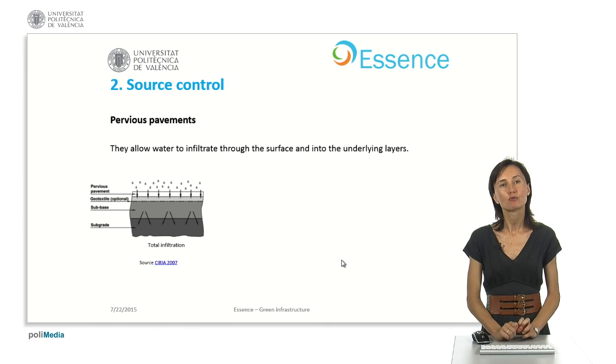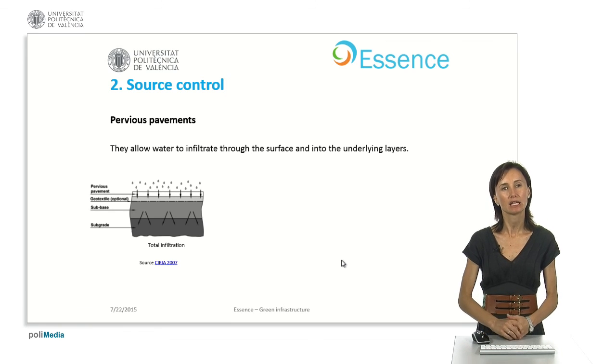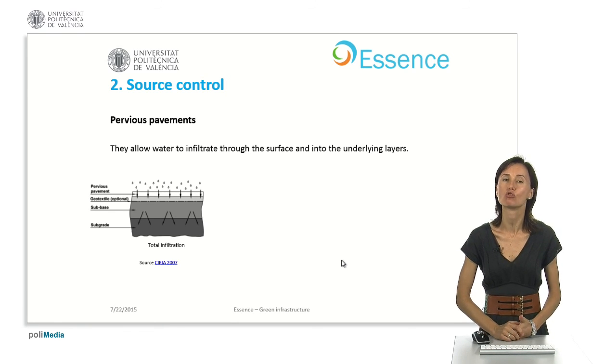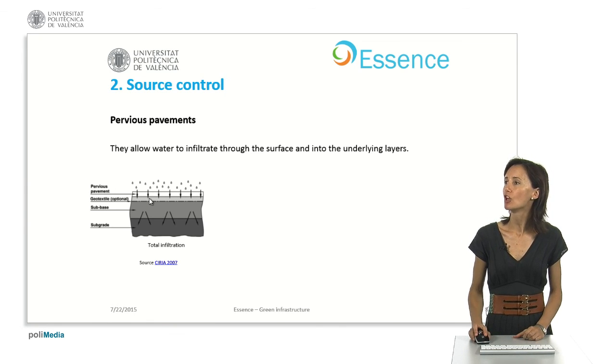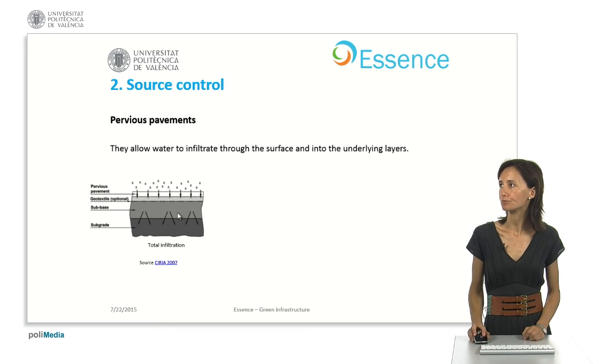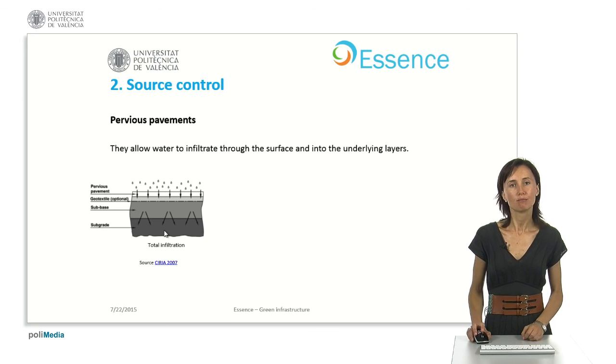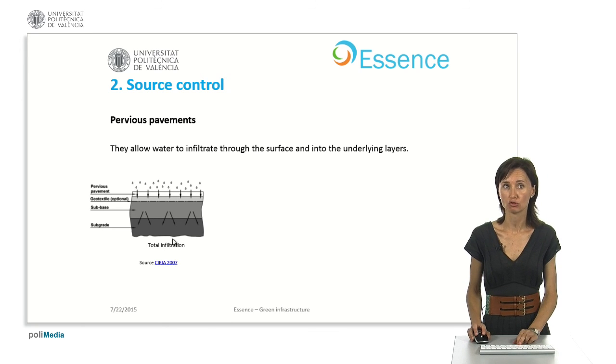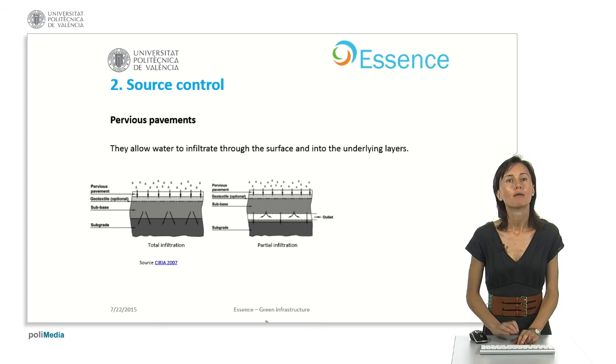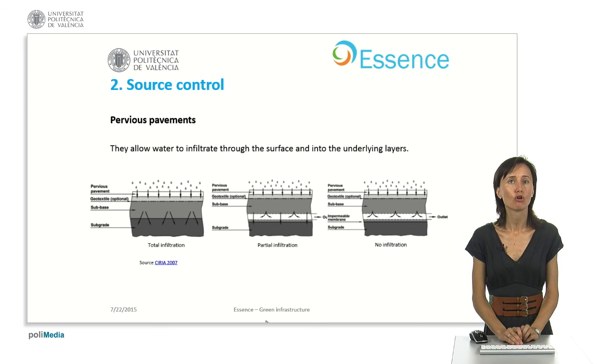Second, we have pervious pavements, which are systems that can be used in parking areas, driveways, or roads, and they allow water to infiltrate through the surface into the gravel subbase below, and they may allow total infiltration to the ground, partial infiltration, or no infiltration.